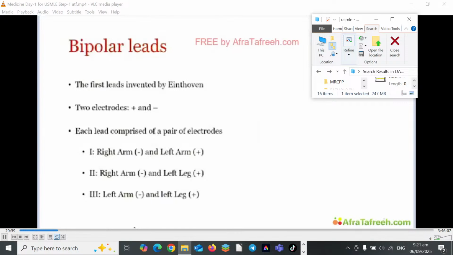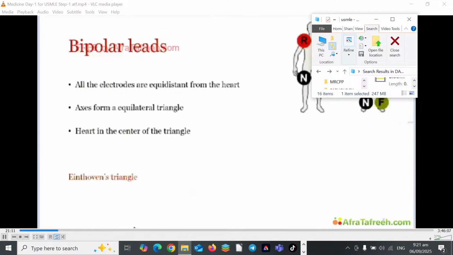We'll now talk more about how we generate the leads from the bipolar electrodes. When we have two electrodes, this is hidden for some reason. I'll just help you get a glimpse of it.